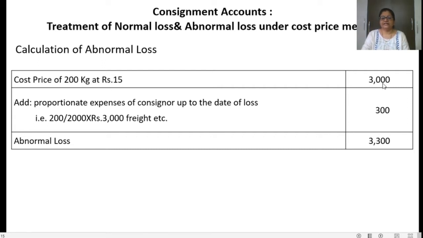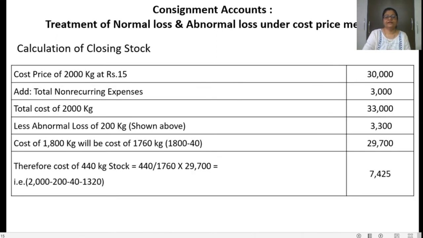Total is 3000. Add proportionate expenses of consignor up to the date of loss. He has spent rupees 3000, so the proportion is 200 divided by 2000 into 3000, which comes to 300 rupees. Then total abnormal loss is cost plus proportionate non-recurring expense, that is 3300.